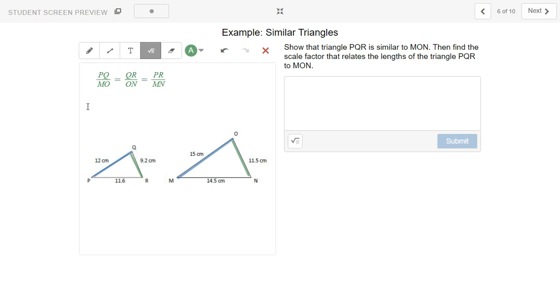Let's do the first ratio, PQ over MO. This equals 12 over 15. And simplified, 0.8. Let's do the next one. Second ratio, we have QR over ON, 9.2 over 11.5.